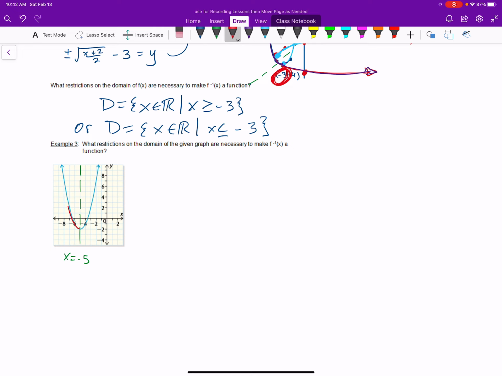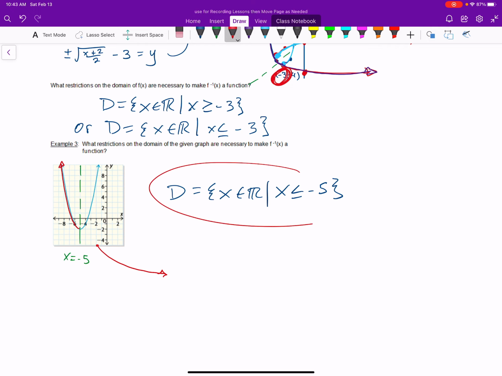I'd have a left-hand part, which when I did the inverse of it, would look like, let's see, we've got this vertex at -5, -2, so it would be over here, so the left-hand half would sort of look like this. And that would be a function, right? If the domain of my original function was all real numbers where x is less than -5, that would give me that red graph.